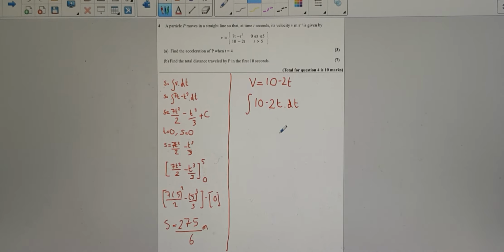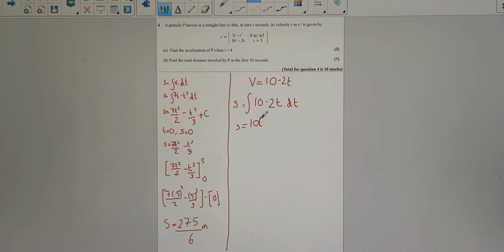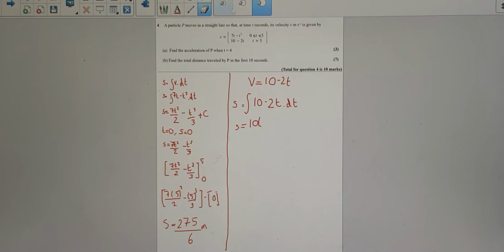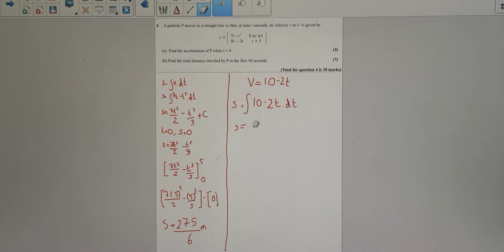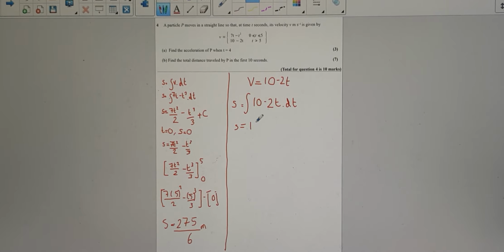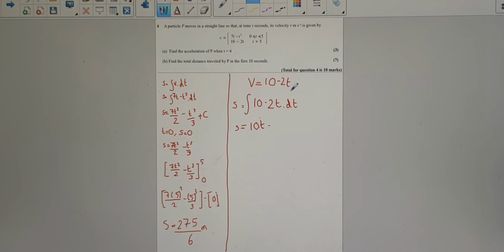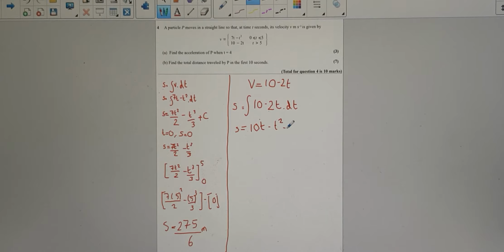That's going to give me s equals 10t minus 2t squared over 2, so that's minus t squared. And then again, I've got my plus c.